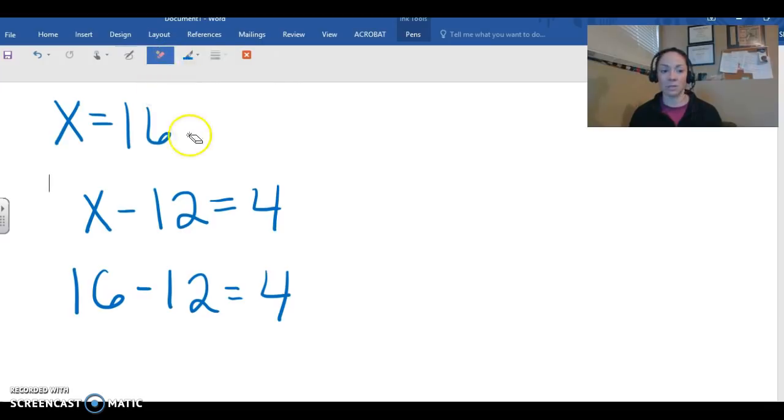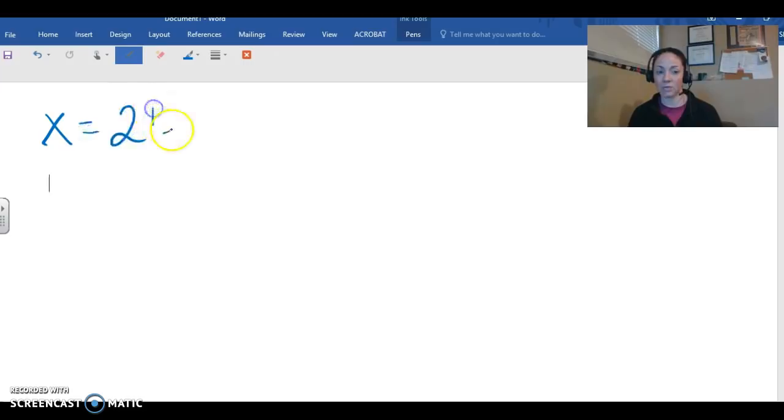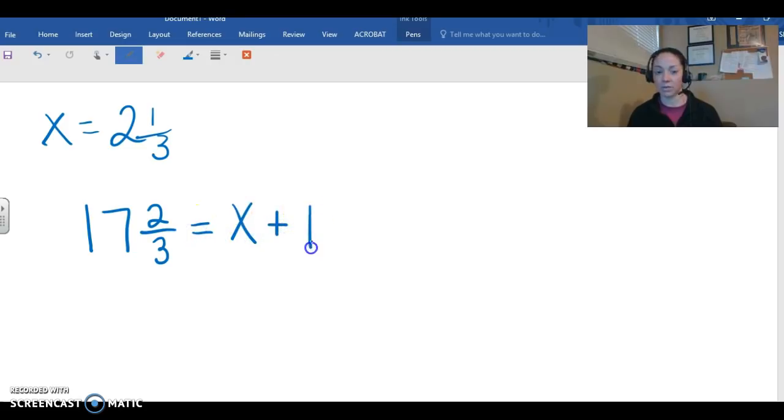We're going to get a little frisky, and we're going to try this with fractions. Is x equals 2 1/3 a solution to the equation 17 2/3 equals x plus 15 1/3? So we have to substitute the 2 1/3 in for x.